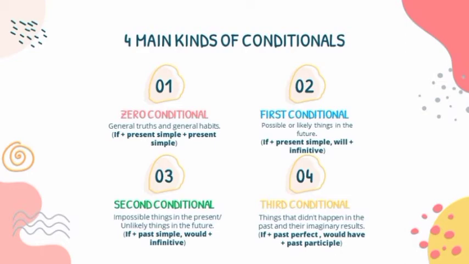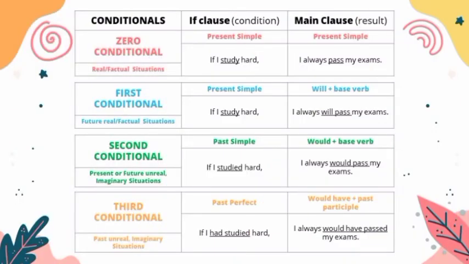Second conditional talks about impossible things in the present or unlikely things in the future. And third conditional talks about things that didn't happen in the past and their imaginary results. Now, let us compare the four main kinds of conditionals using these example sentences.